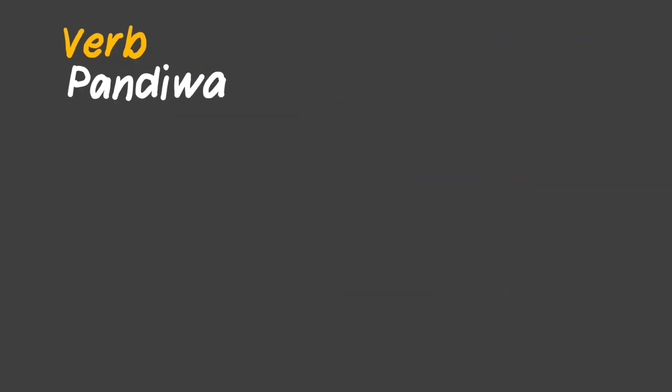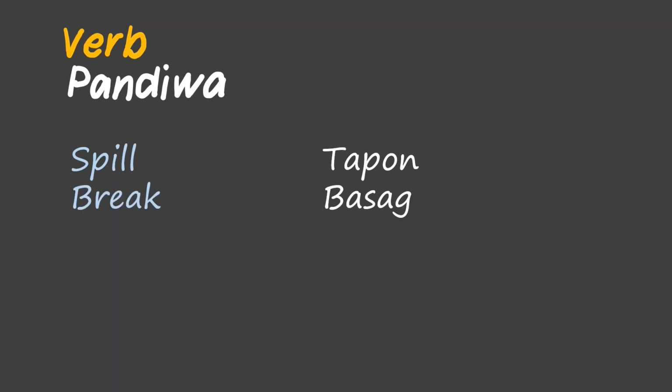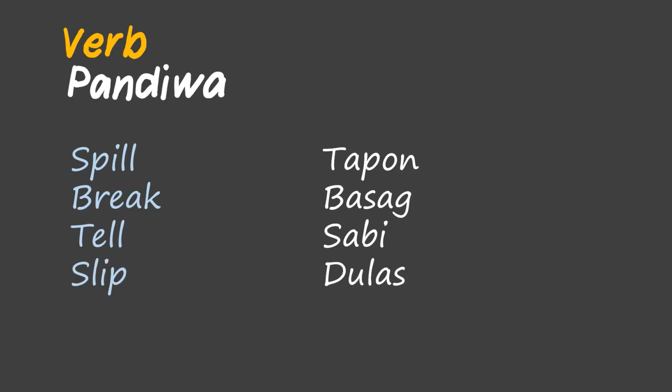Here are the root words of the verbs or pandiwa which we used in this lesson. Spill, tapon. Break, basag. Tell, sabi. Slip, dulas. It will be good practice for you to do the conjugation or pagbanghay of these words.